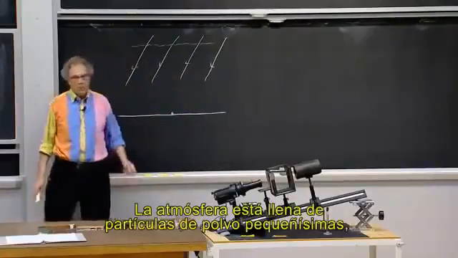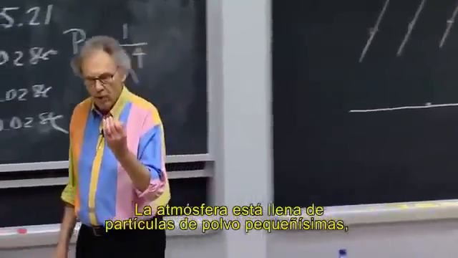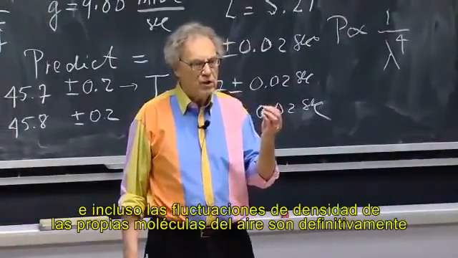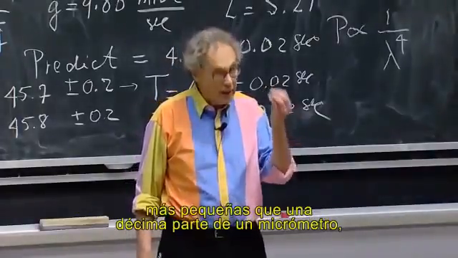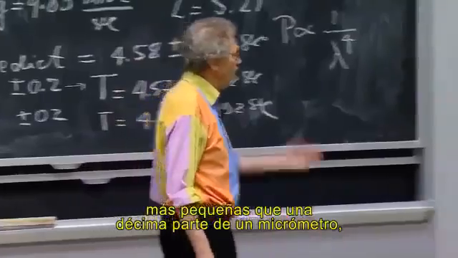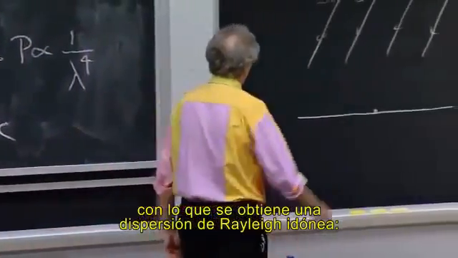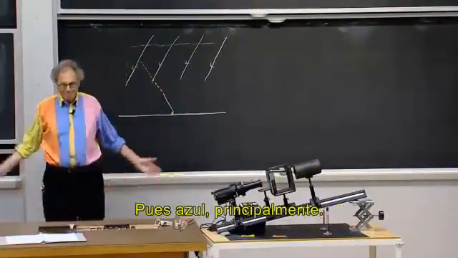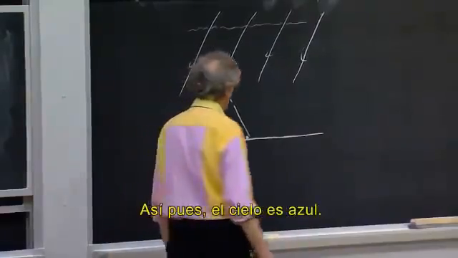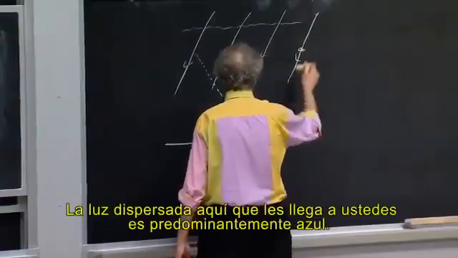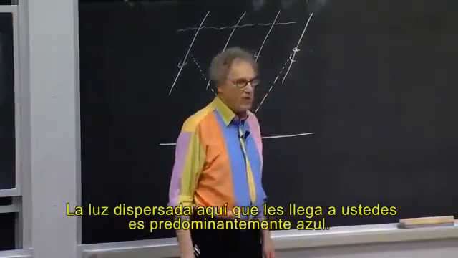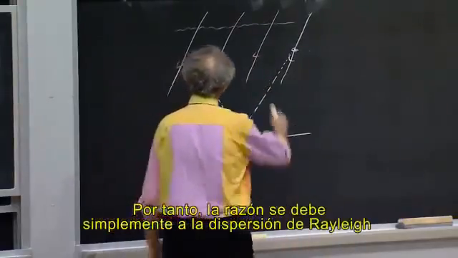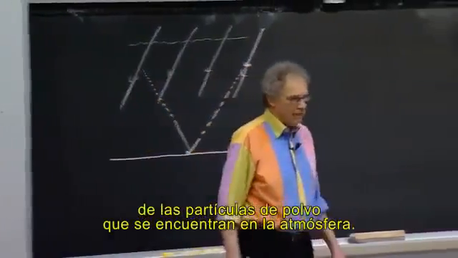The atmosphere is full of very small dust particles, smaller than a tenth of a micron, and even the density fluctuations of the air molecules themselves are clearly smaller than a tenth of a micron, and so you get ideal Rayleigh scattering. So white light comes in, you're standing here, but what is the light that comes to you? Predominantly blue. So the sky is blue. The light that is scattered here comes to you predominantly blue. So that's why the sky is blue. And so the reason is simply that it is Rayleigh scattering off the dust particles in the atmosphere.